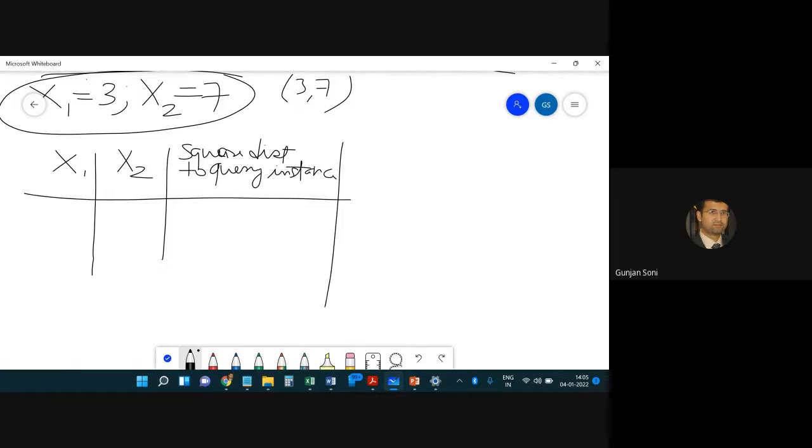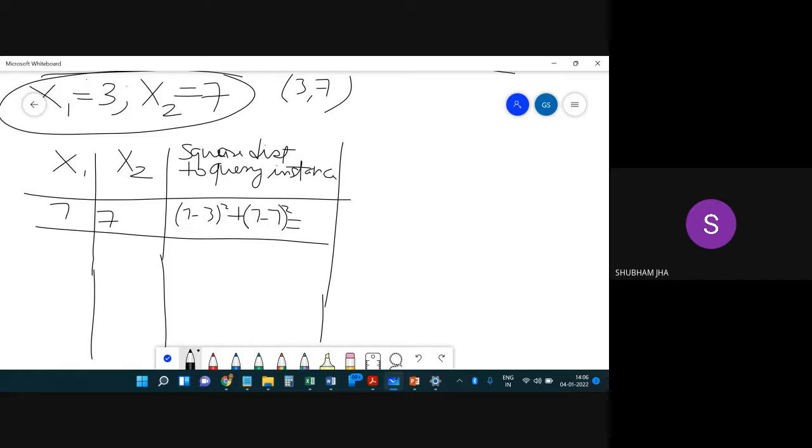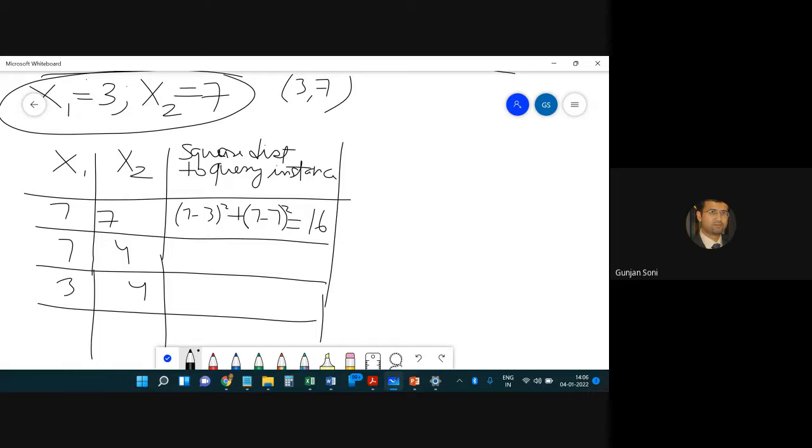For example, this is 7, 7. So we find out the square distance. What will be the value? Yeah, 16. Similarly, 7 and 4, and similarly 3 and 4, and similarly 1 and 4. We find out the square distance for all.